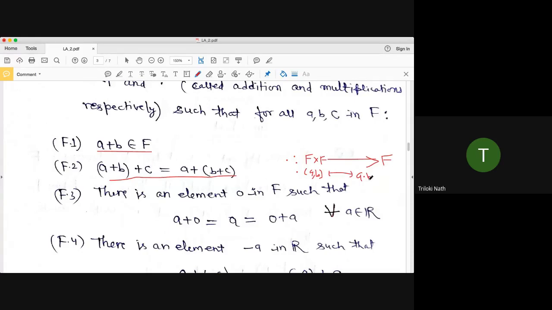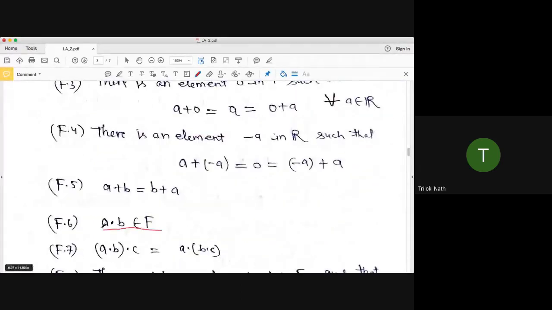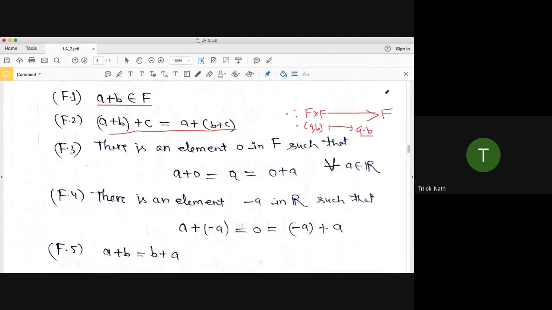Later on we will skip this dot for simplicity. So this dot is also a mapping. A dot B belongs to F means this dot is a mapping from F cross F to F.